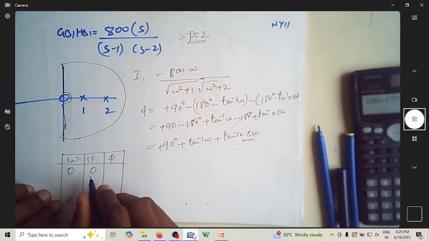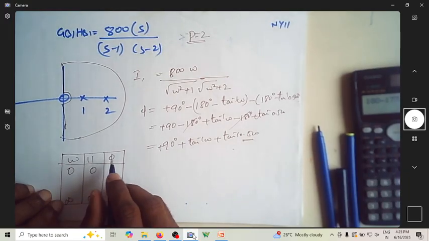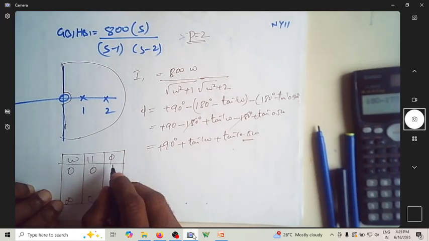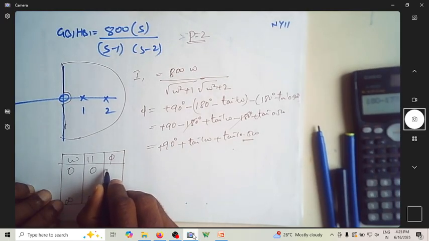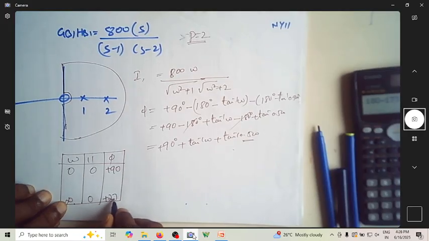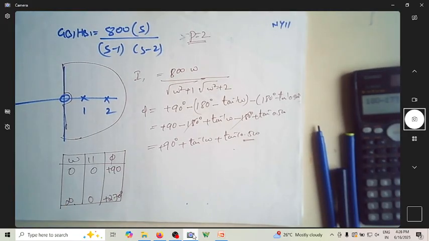So now this is interesting. When omega is 0, the phase is plus 90 degrees. When it is infinity, it is plus 270 degrees. Correct?